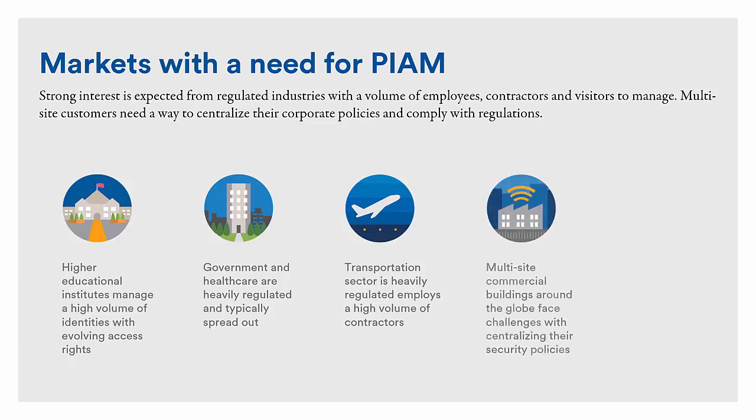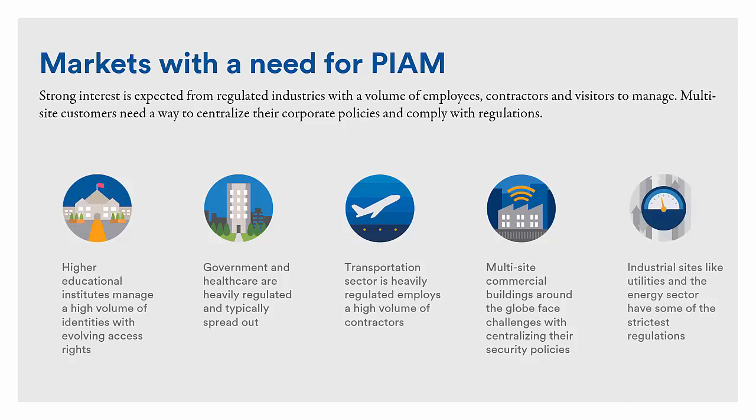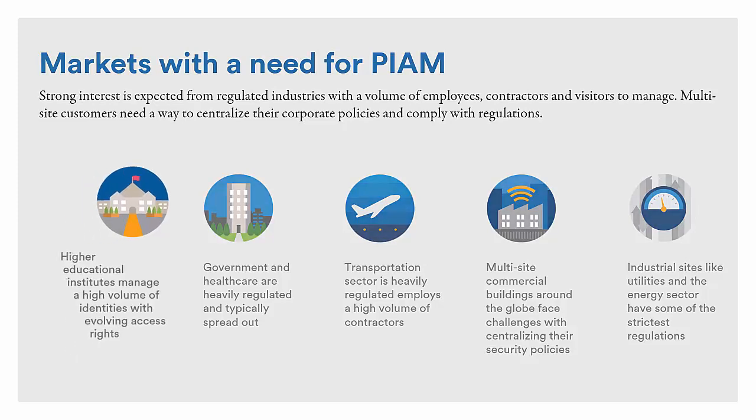We expect an interest from multi-site commercial buildings scattered around the globe because they face a challenge with centralizing their security policies. And lastly, we also expect a high interest in industrial sites like utilities in the energy sector because some of them have the strictest regulations. So let's go through each of these verticals one by one.